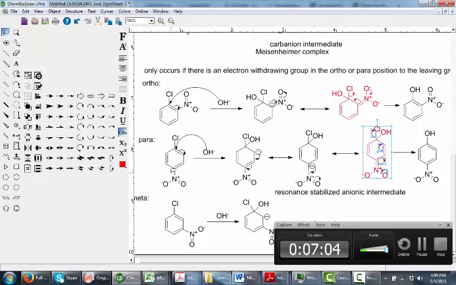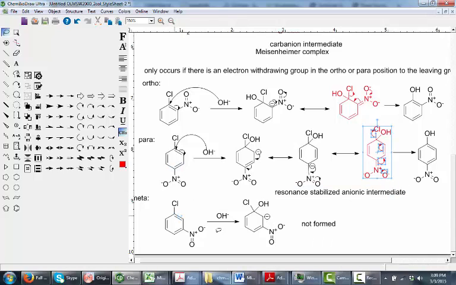Either of those positions are now able to better stabilize the Meisenheimer intermediate. For the meta substitution pattern, if I have a nitro group here, OH nucleophilic attack on that carbon would generate an anion here. No matter how many resonance forms I try to draw for this, the anion cannot end up on the carbon that has the nitro group, so it cannot benefit from this analogous stabilization, and as a result, it is not formed.